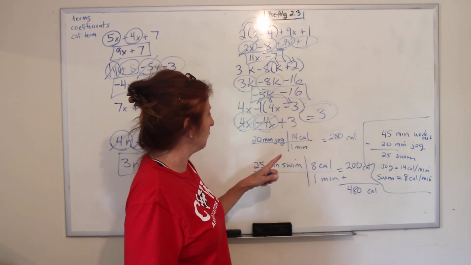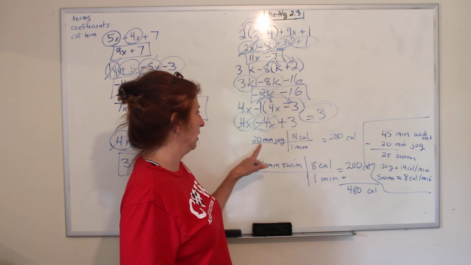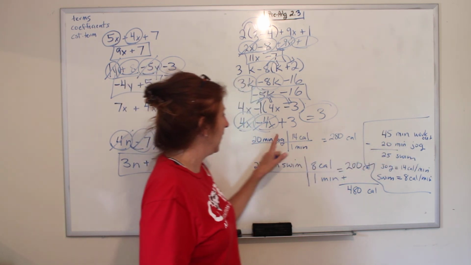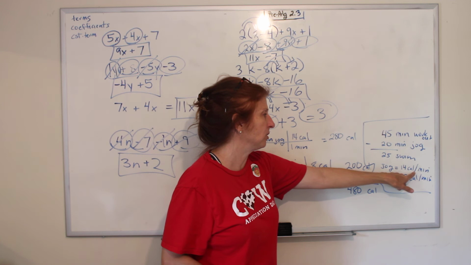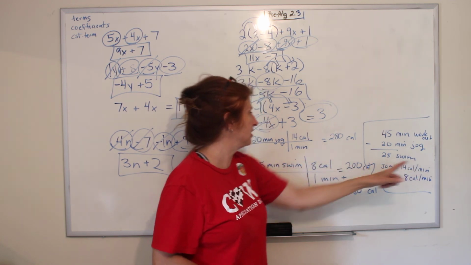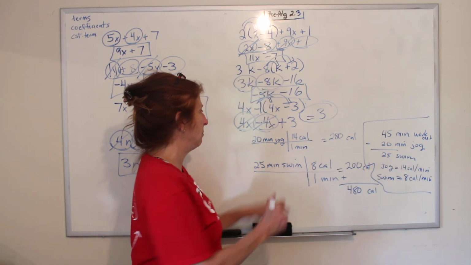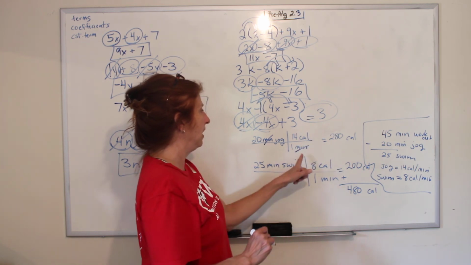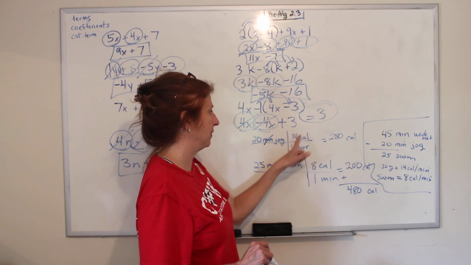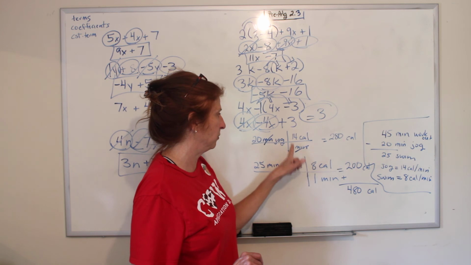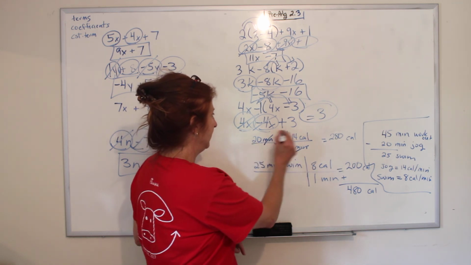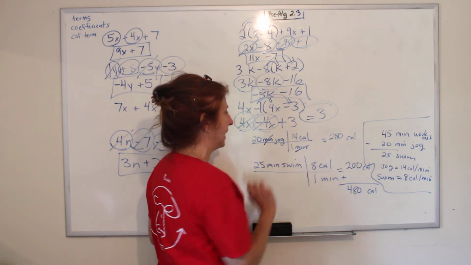So I'm going to take what I know, the 20-minute jog, and multiply it times my conversion factor, 14 calories per minute. I put minutes on the bottom because I want them to cancel out. The numbers and calories on top, and the numbers that go with it, 14 with calorie, 1 with minute. 20 times 14 is 280 calories.